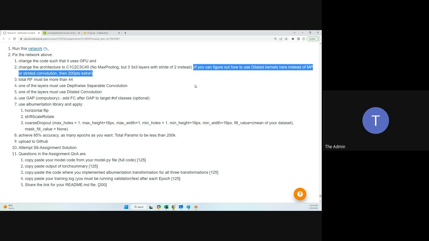No. But if you implement this, then you are already solving 5. Yeah, that is what my confusion was, that you are anyway asking us to use the dilated convolution. But dilated convolution is not max pooling, correct? Okay, you are saying instead of max pooling. Okay, fine. All right.